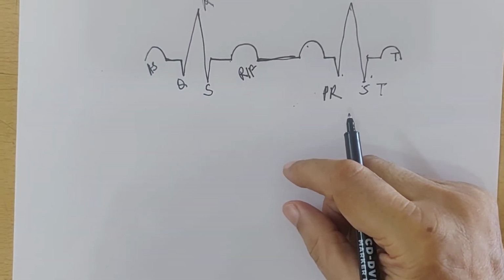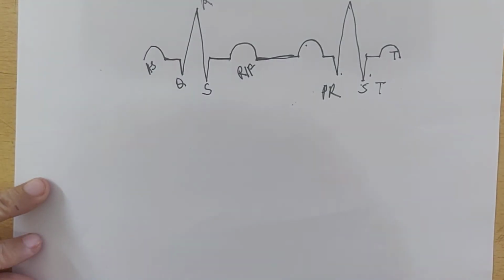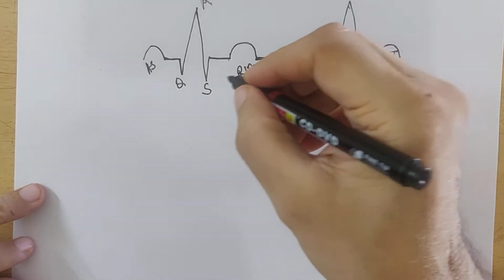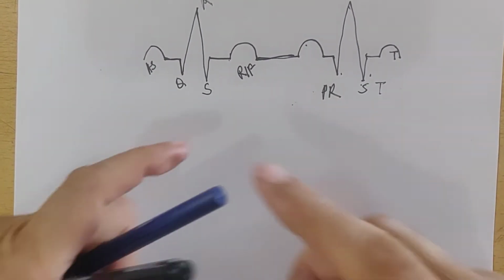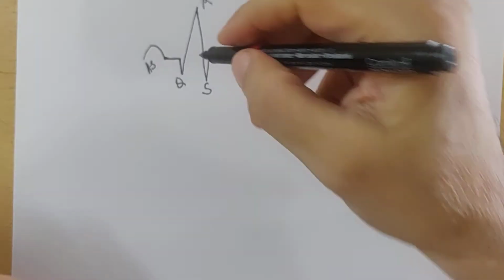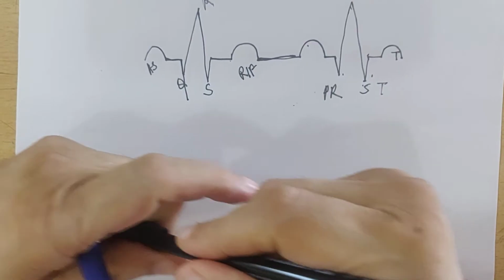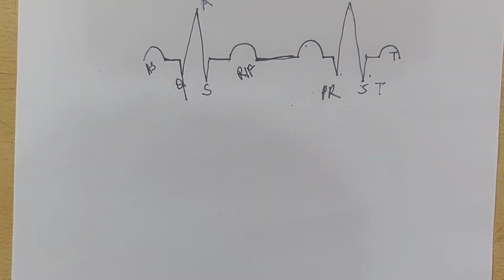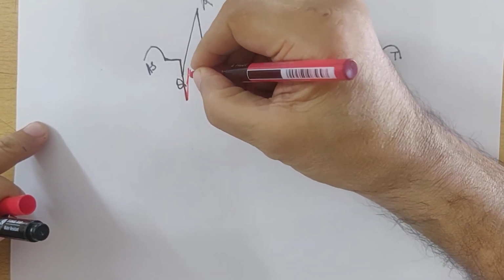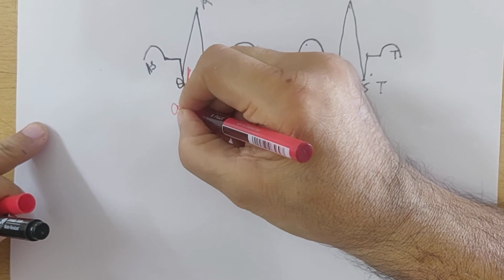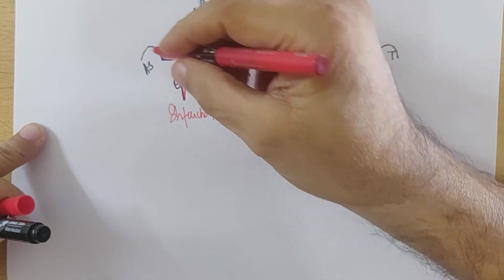So now, let us see what individual changes of shape can be produced in ischemia. The first thing that you have to remember is that a deep Q wave suggests infarction of the proximal wall.